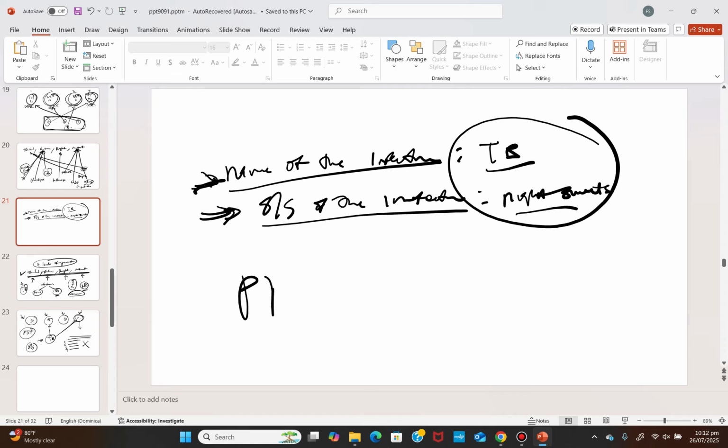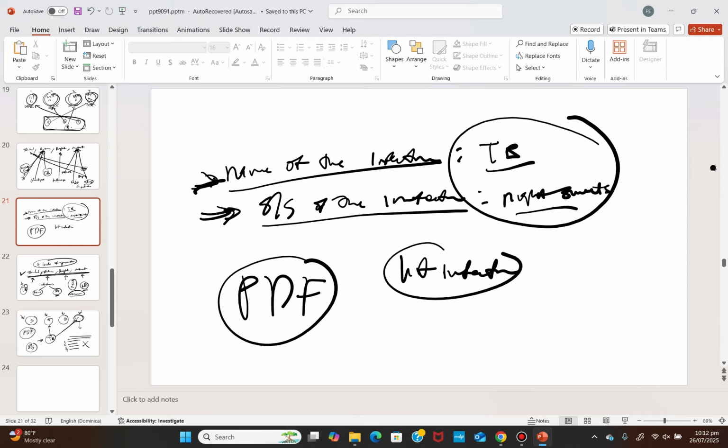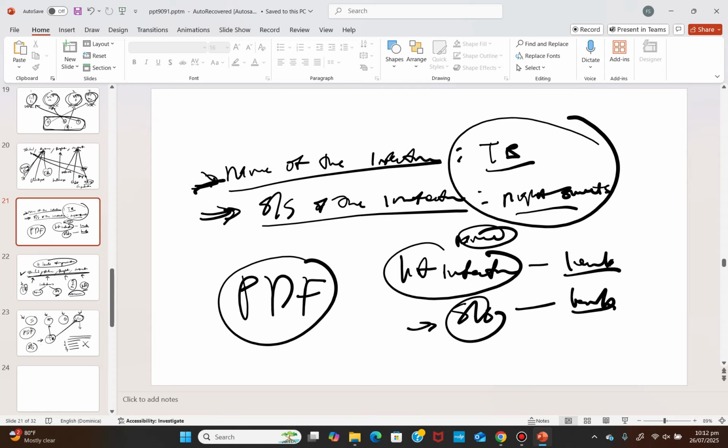So what you are going to get from this PDF is the list of infections by name related to each level, and also the signs and symptoms. That's what you need to start with right now.